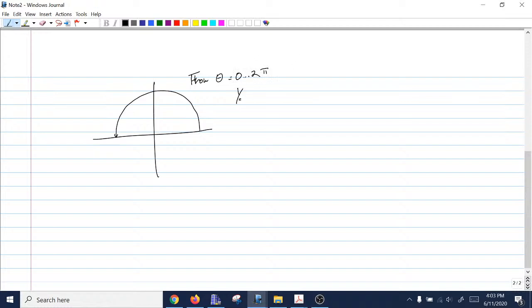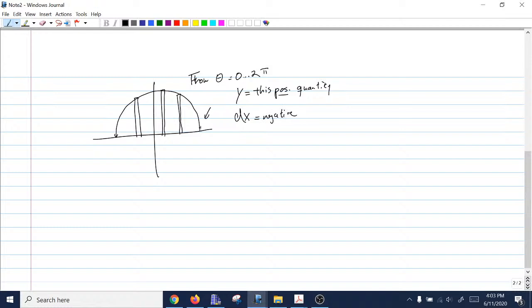What am I going to get for those times? From 0 to pi, y is this positive amount. So I'm going to get the area below the curve and above the x-axis if I integrate y dx. But dx is negative. Why is dx negative?